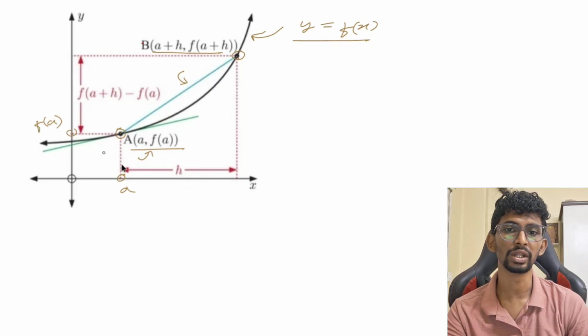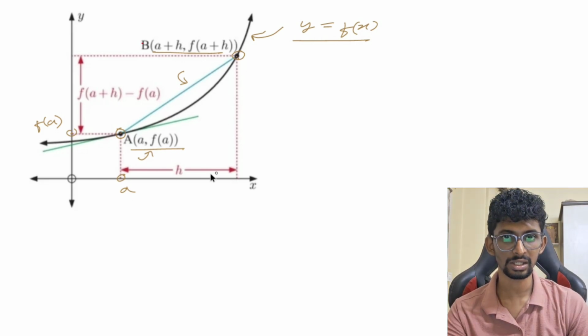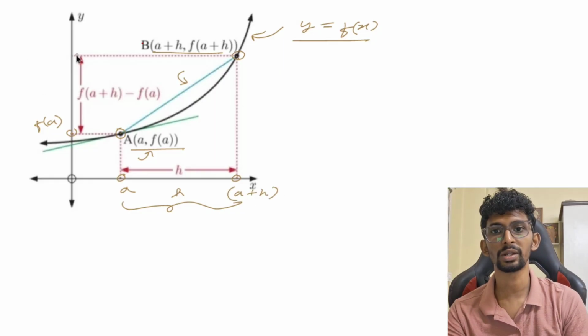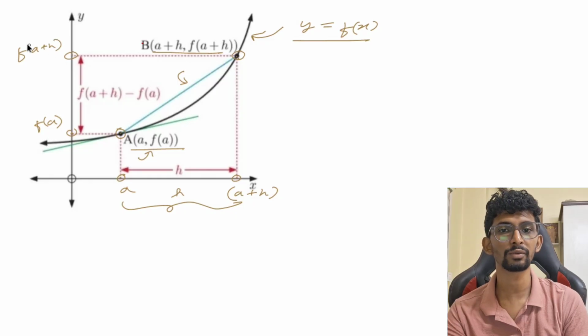So that's why the coordinate is a comma f of a. Now point b, you can see this distance is given as h. Since this is h, this point will be a plus h. Now since this is a plus h, this point will be f of a plus h. So the coordinate will be a plus h comma f of a plus h.